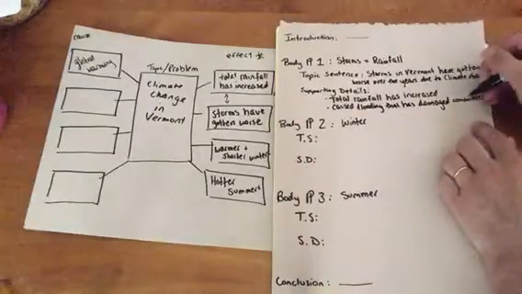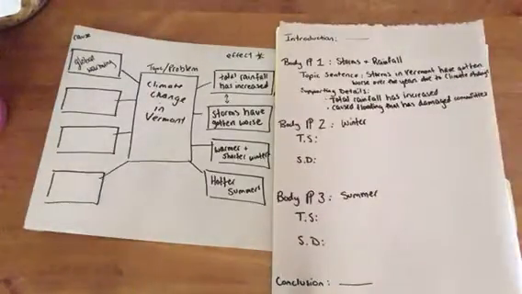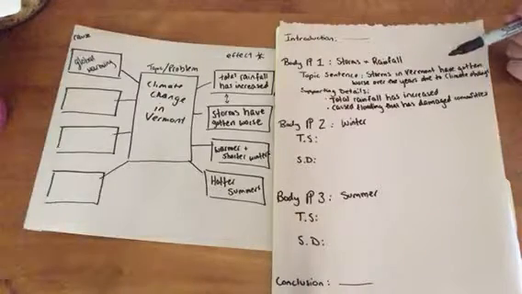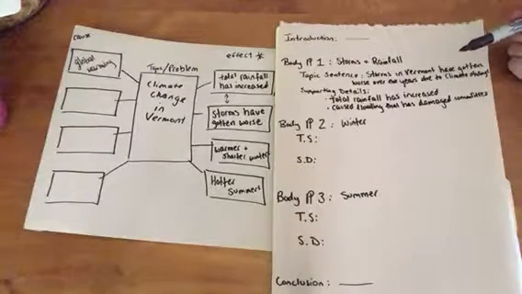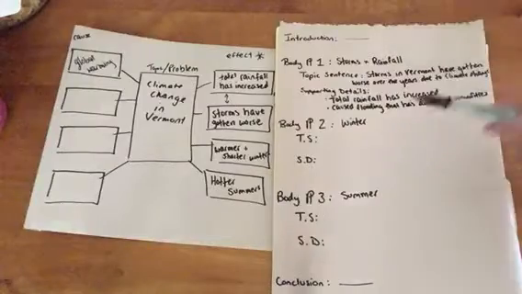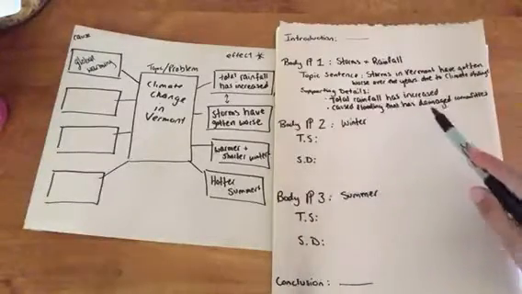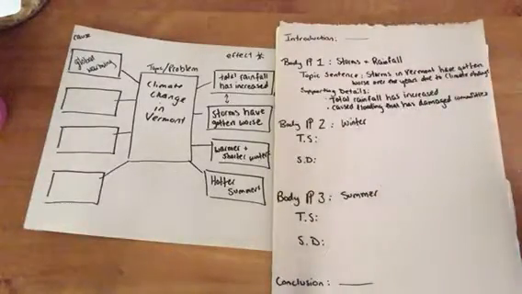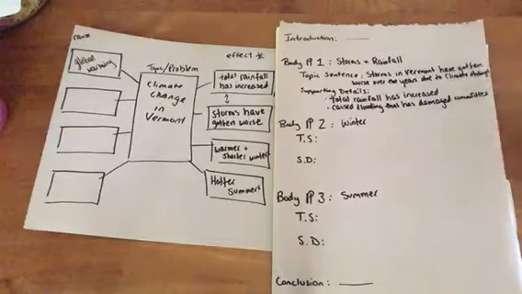Oh, I forgot the N here. Okay, so I can see that my topic sentence is that storms in Vermont have gotten worse over the years due to climate change. My supporting details is that total rainfall has increased and this has caused flooding that has damaged communities. So here is my first paragraph.